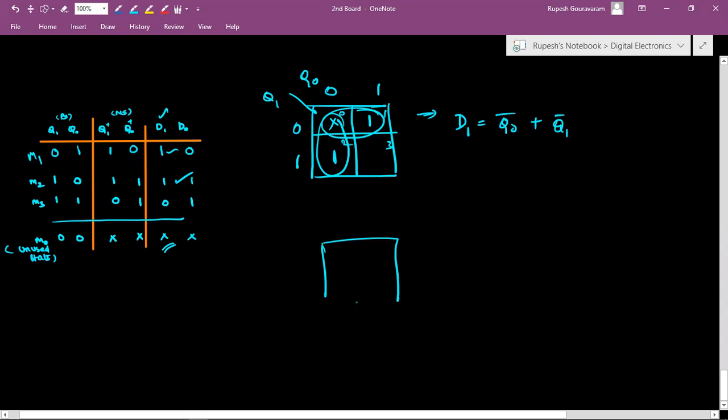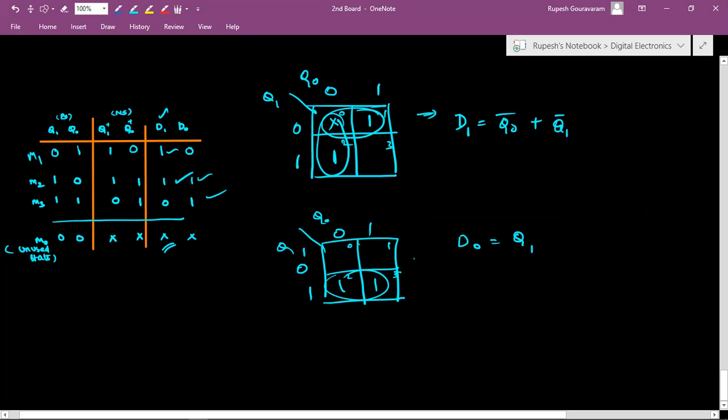Similarly, to find D0, we again construct a K-map, Q1 Q0, 0 1, 0 1, and it becomes 1 for 2 and 3, that is 0 1 2 3. 2 and 3 means D0 is the same as Q1, right?